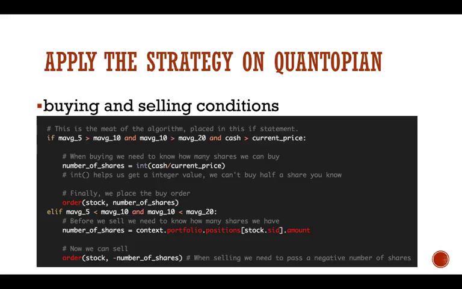And in reverse, if the 5 days moving average line is less than the 10 days moving average line, and the 10 days moving average line is less than the 20 days moving average line, that means the stock has a great probability to go down.